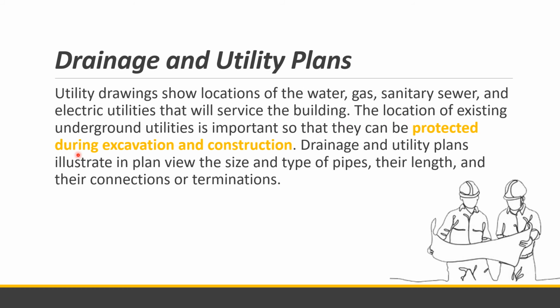The location of existing underground utilities is important so that they can be protected during excavation and construction, especially for sites that have existing underground utilities, for example drainage and waterworks. Drainage and utility plans illustrate in a plan view the size and type of pipes, their lengths, and their connections or terminations.